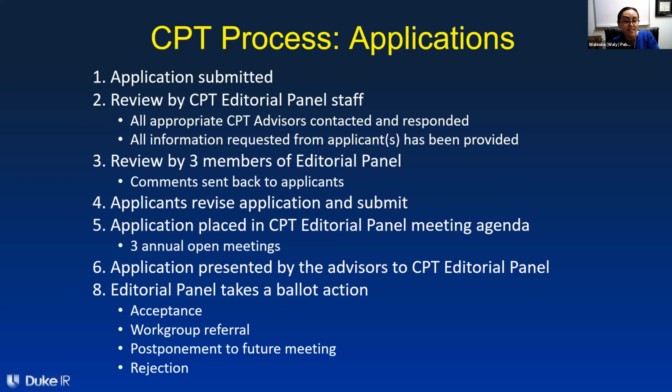The applicants revise the application based on that feedback and resubmit the revised application. And then they present that revised application in one of 3 CPT meetings that happen throughout the year. After the advisors or alternate advisors present the application in the meeting, the editorial panel takes a ballot action. So they vote on whether they're going to accept the application, refer it to a work group, postpone it to a future meeting if the application needs more work, or reject the application.